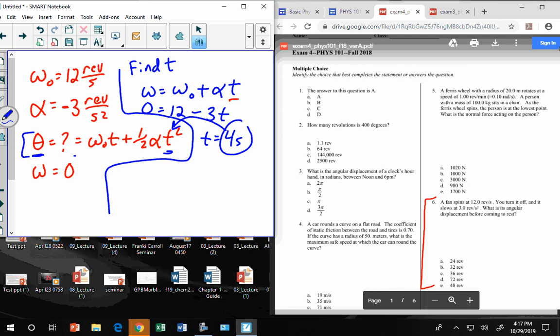That's 12 times 4 plus 1/2 of negative 3 times 4 squared. That's equal to 48 minus 1.5 times 16. Is that 24? Minus 24. So it's 24 revolutions.